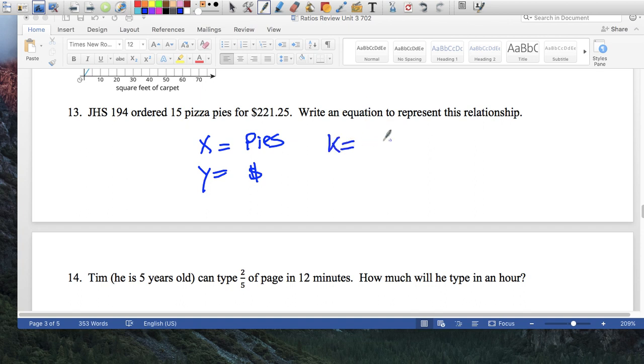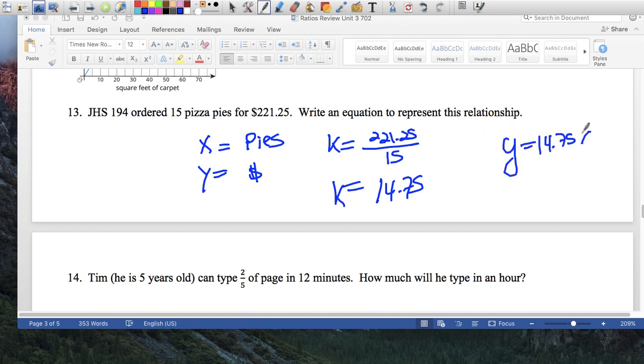So if I did this, I would get 221.25 over 15. 221.25 divided by 15 equals $14.75. So that's my k, therefore I can put my equation, and that makes sense.